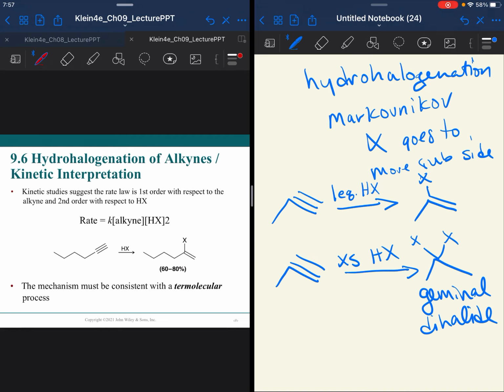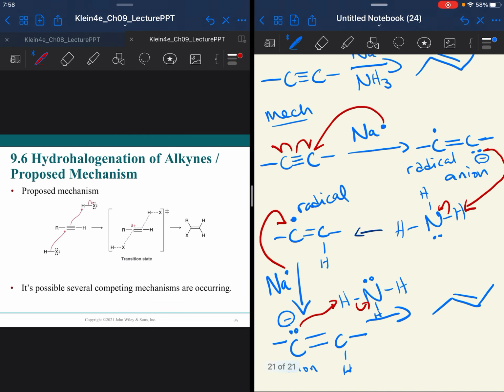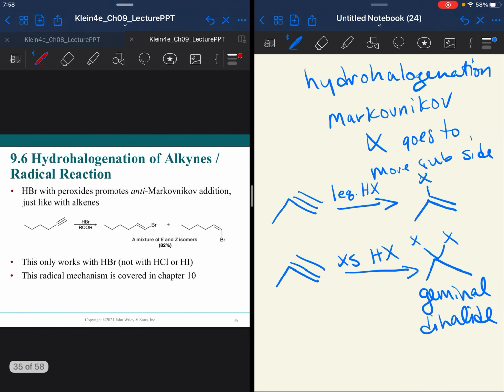So I'm not going to teach you something that isn't likely. We're not sure exactly what the mechanism looks like, although it probably has some cool transition state like this in the middle. This will not be a mechanism that you are asked to know. So that last one, right, dissolving metal reduction, that's a mechanism I want you to know. This one, I don't. I just want you to be able to predict the products.